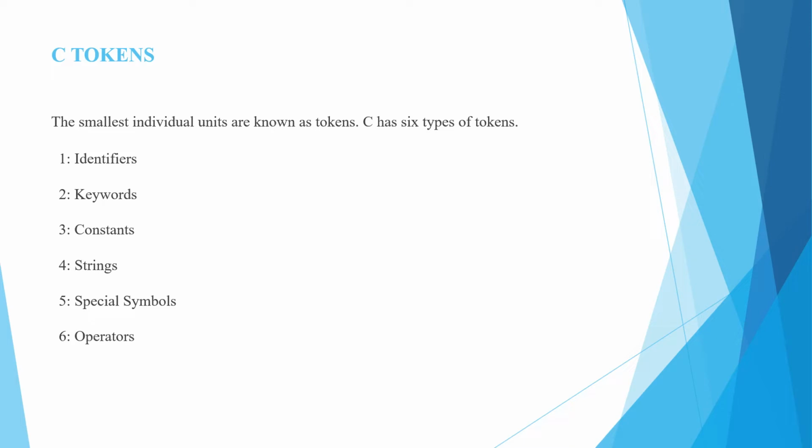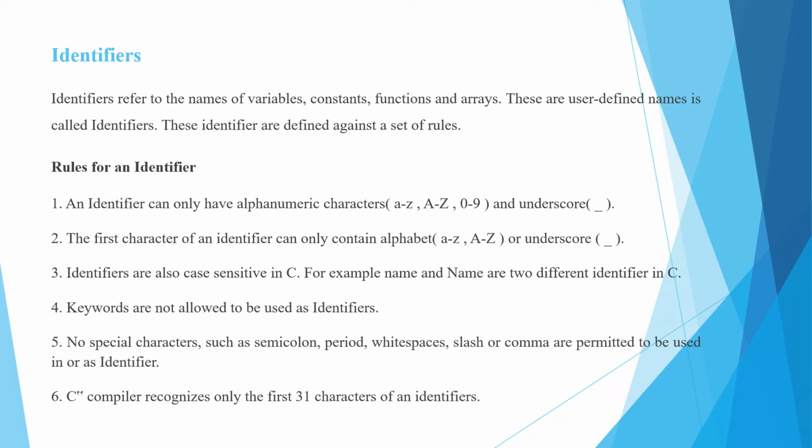C programming has 6 types of tokens, which are identifiers, keywords, constants, strings, special symbols, and operators. These are the 6 different types of tokens.